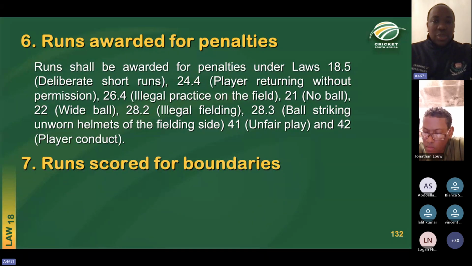And law 41 and 42 covers various scenarios of unfair play and unruly behavior by players, which is also punishable by 5 penalty runs being awarded to the opposing side.